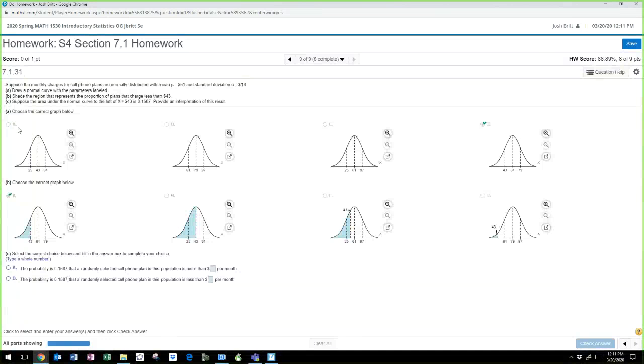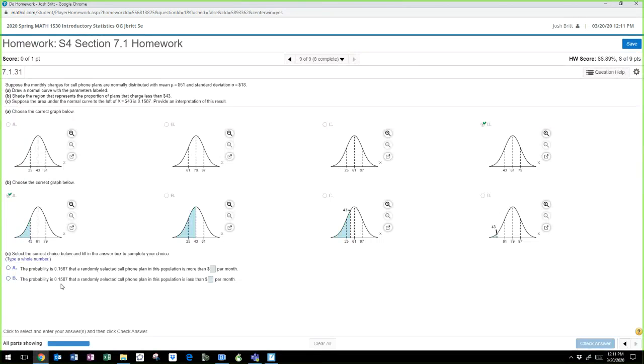And then part C, suppose the area under the curve to the left of 43, so this area here to the left of 43, is 0.1587. Provide an interpretation. What that means is about 15 or 16% of all cell phone plans will cost less than $43.